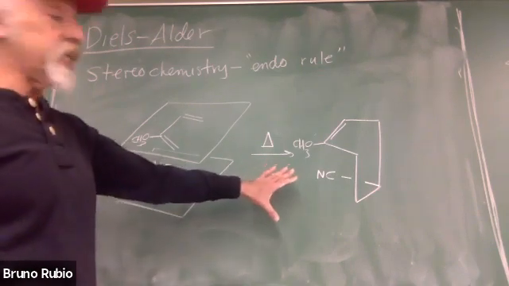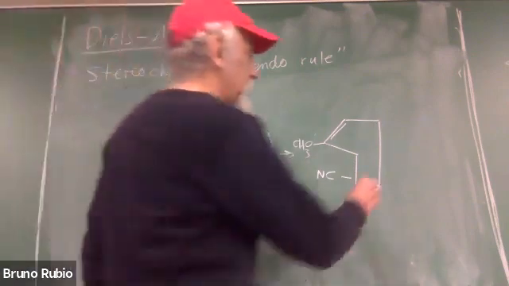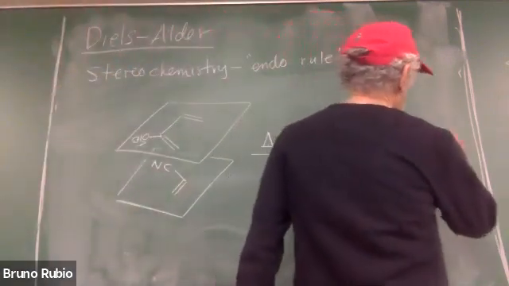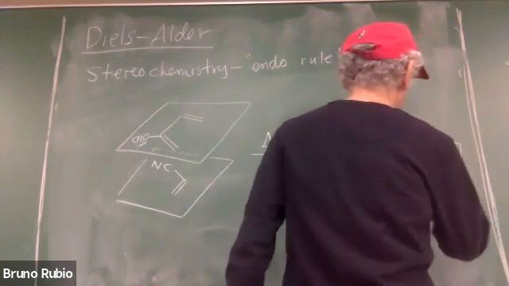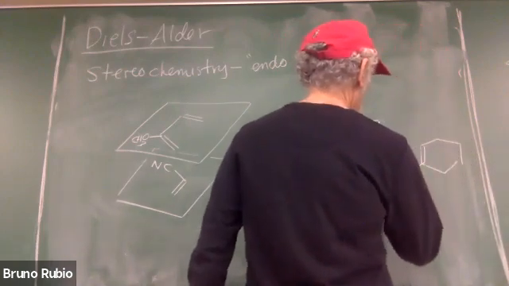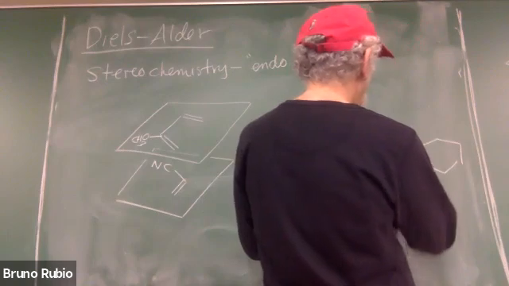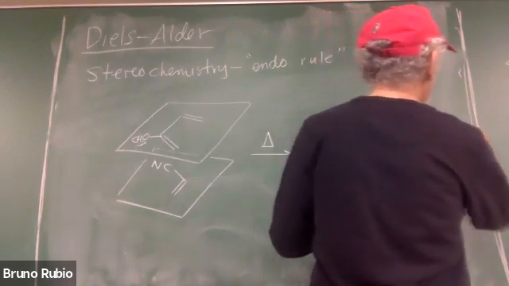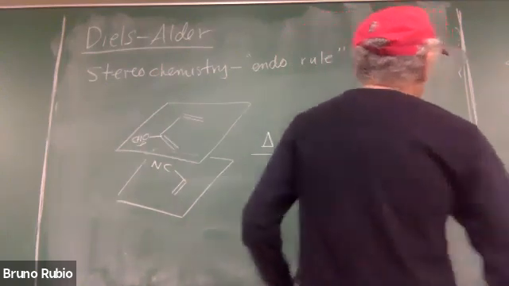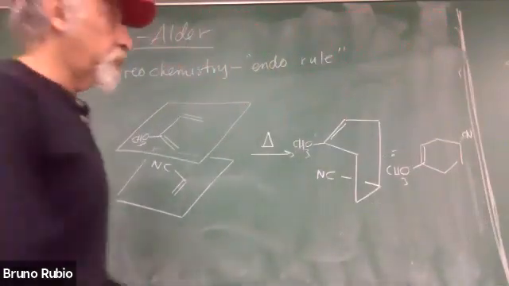How about let's straighten this out. It's 1, 4, 1, 2, 3, 4, and this is in the back here. That's in the back there. It's supposed to say CN.